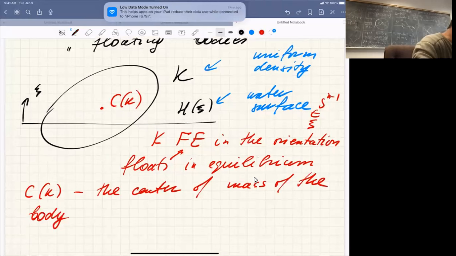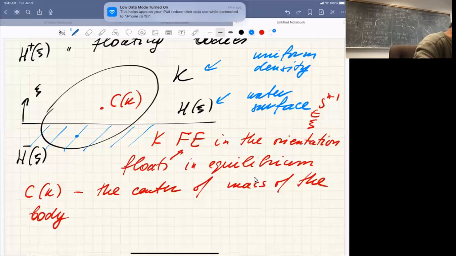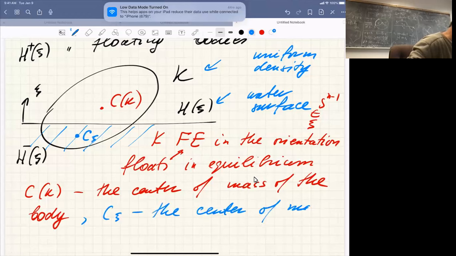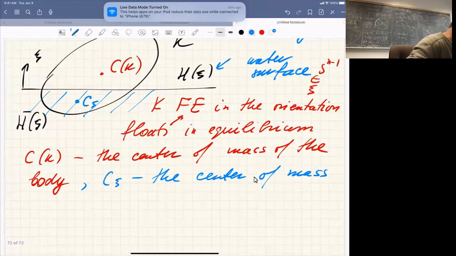Let's agree that the subspace below the water is H minus, and the subspace above the water is H plus. So this is the part below the water. I'm going to take the center of mass, and I'm going to write it as C_ψ. So C_ψ is going to be the center of mass.